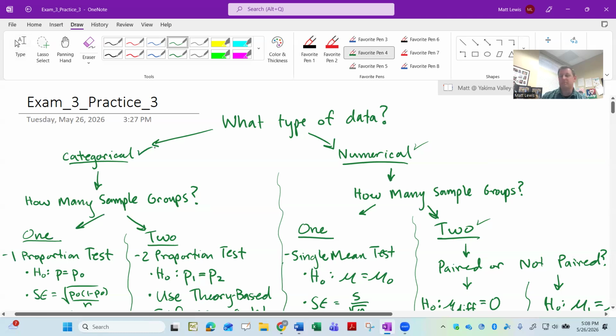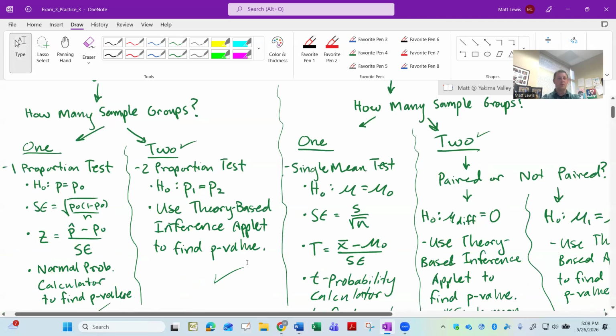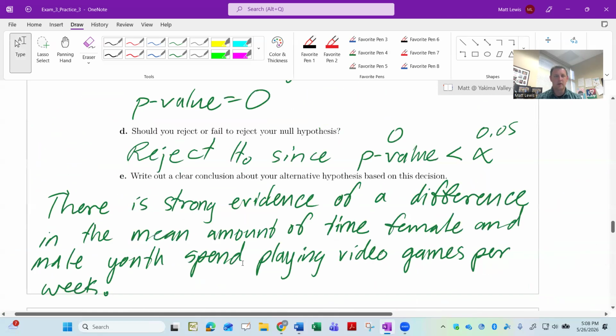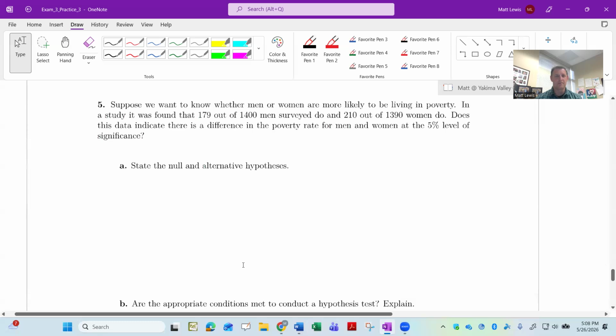How many sample groups? Clearly two, because we're comparing men and women. So here we're doing a two proportion test, and we're going to use the theory-based applet. All right, so let's go execute that. Since we've got two groups and we've established we're doing proportions, let's go ahead and do PW and PM.